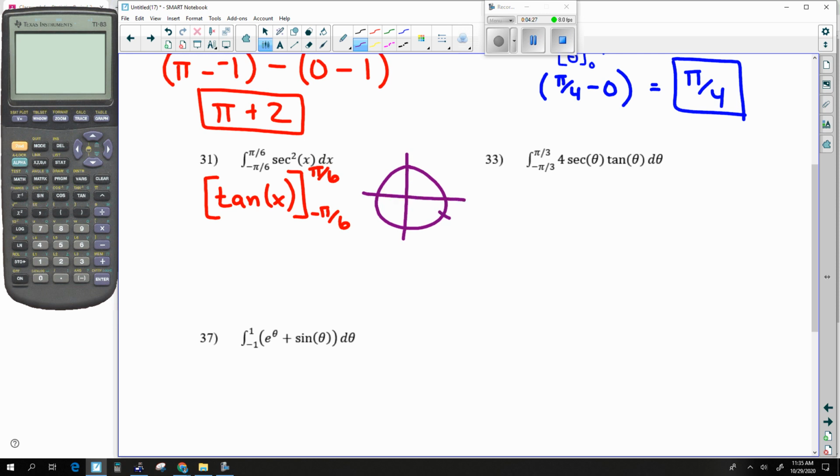So negative pi over 6 is at square root 3 over 2, negative 1/2. And pi over 6 is square root 3 over 2, positive 1/2. Okay, tangent is sine over cosine. So the tangents of these would be, in essence, sine over cosine.